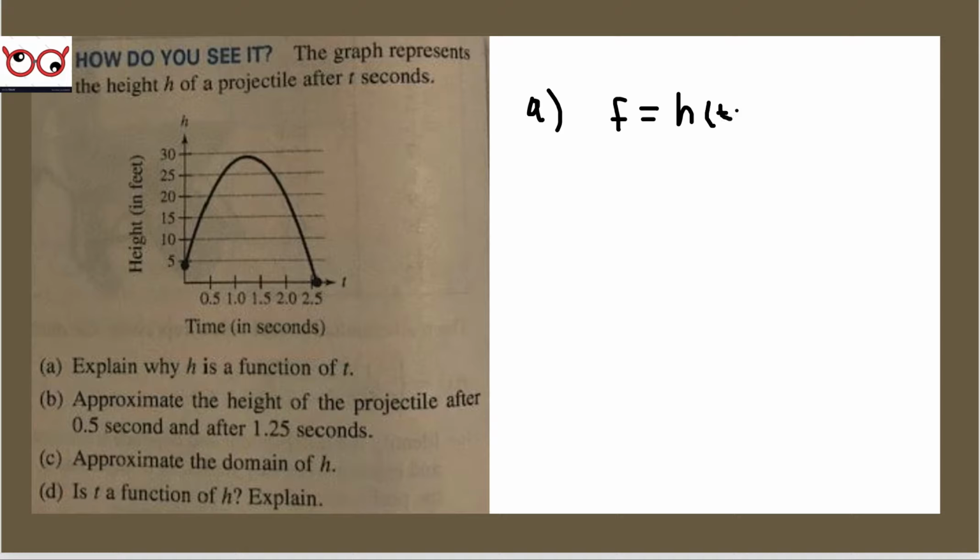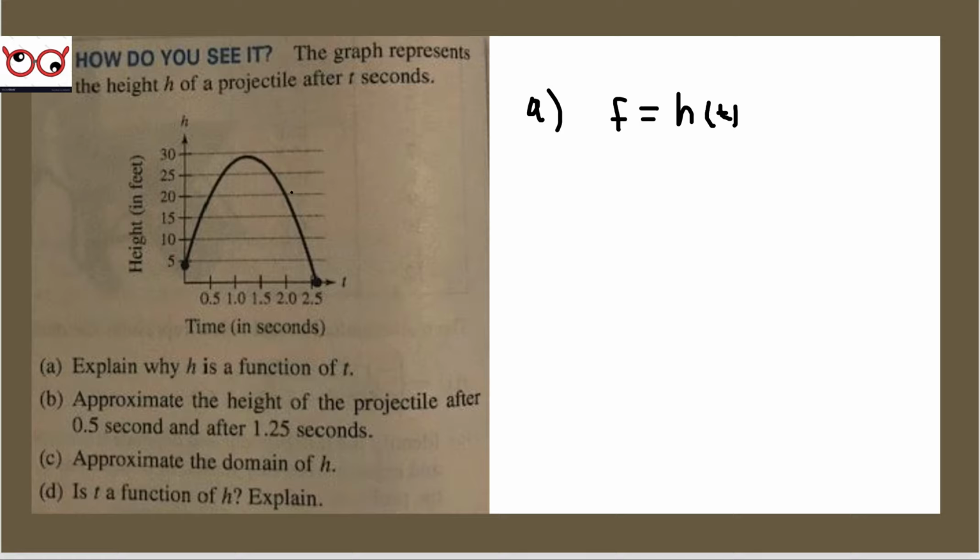So let me write this way. h of t is a function because if you do, for example, the vertical line test, a line that is normal to the x-axis, every line is going to intersect the graph of the function in just one position.